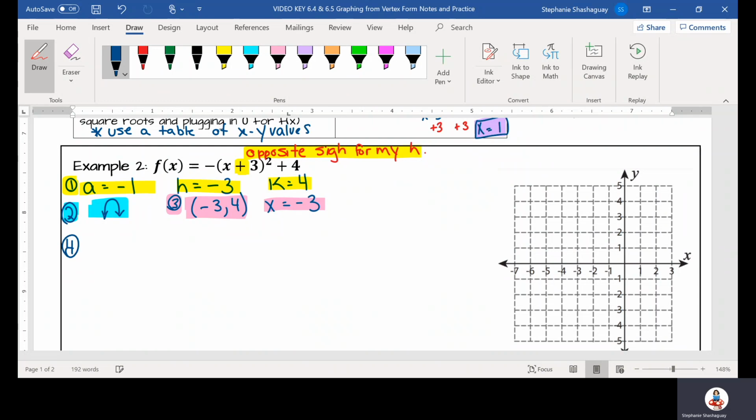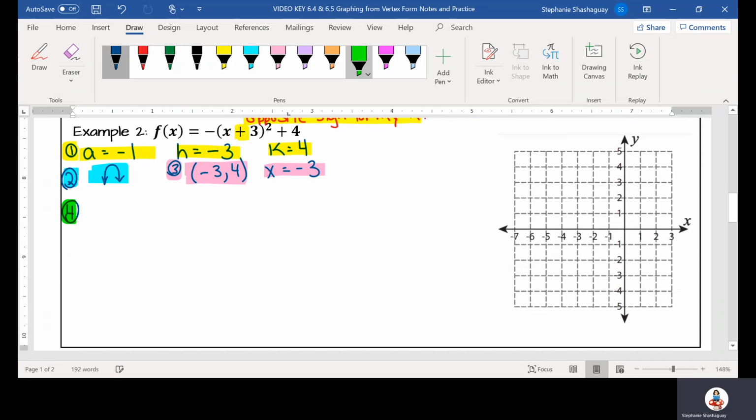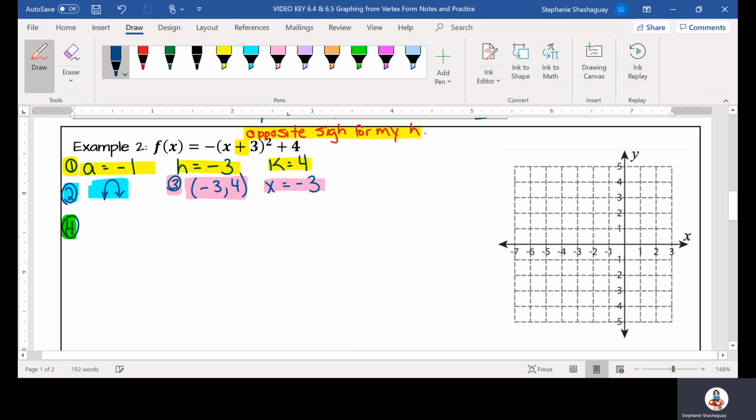Step 4, we're going to find our y-intercept. In order to find our y-intercept, we're going to plug in that 0 for our x.